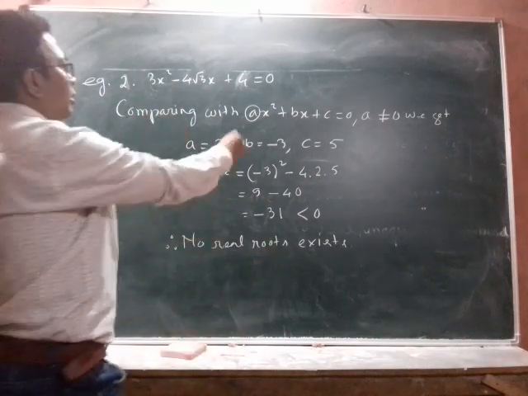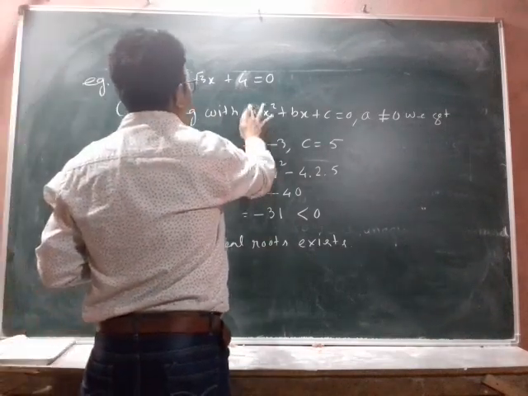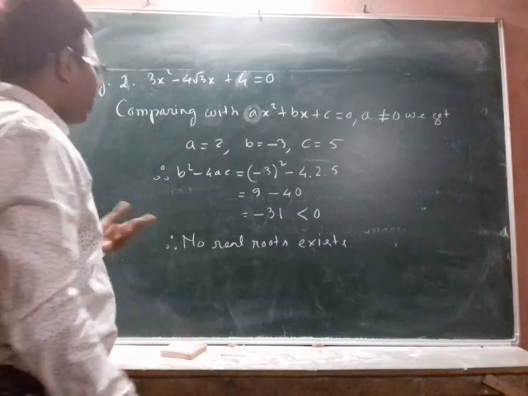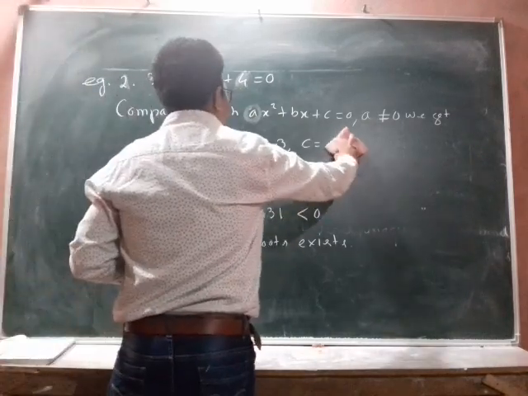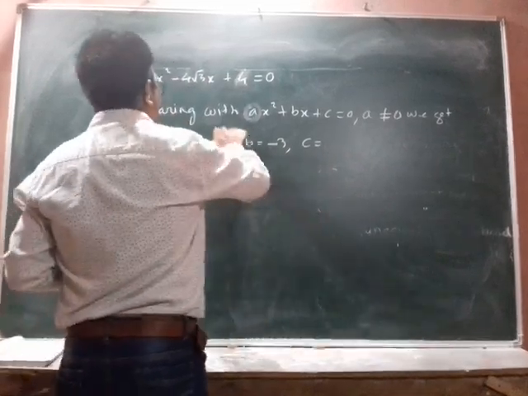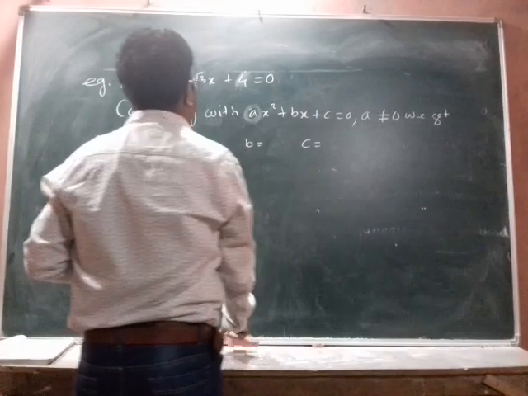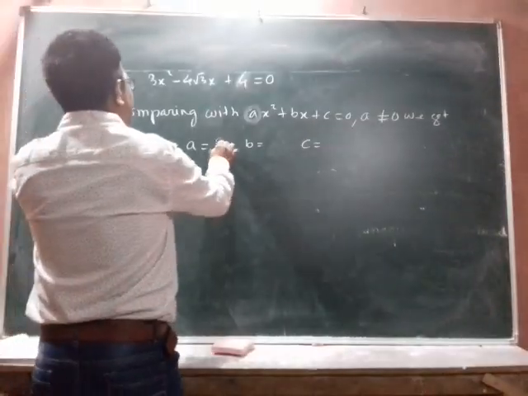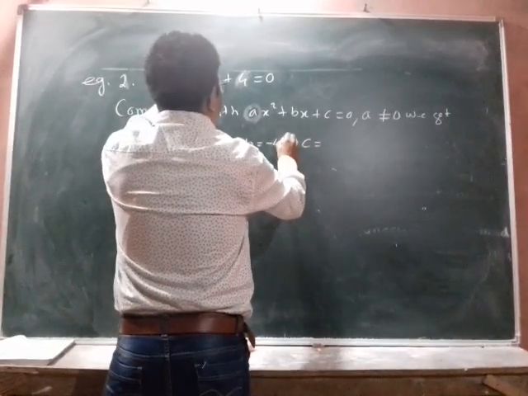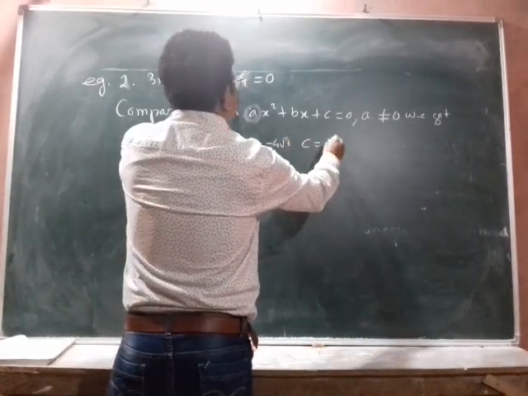Comparing with ax square plus bx plus c equal to 0, we can do exactly the same way. Here a is 3, b is minus 4 root 3, and c is 4.